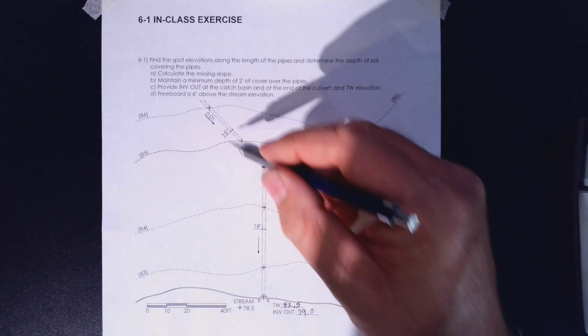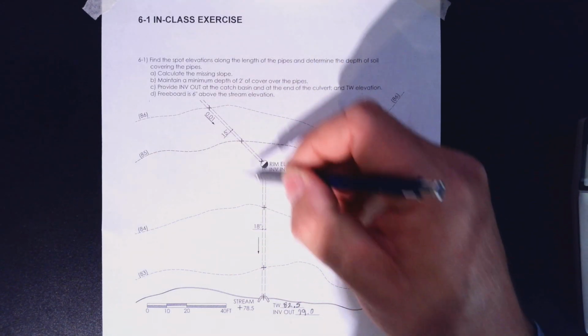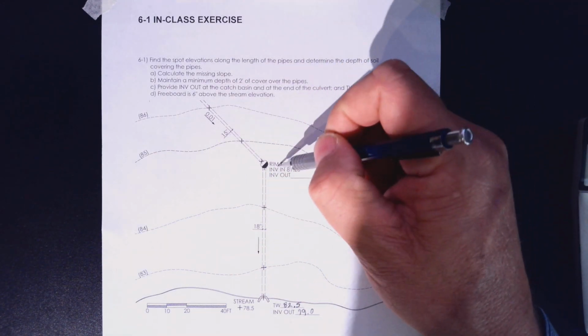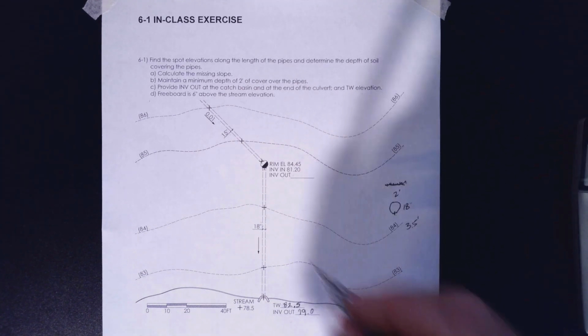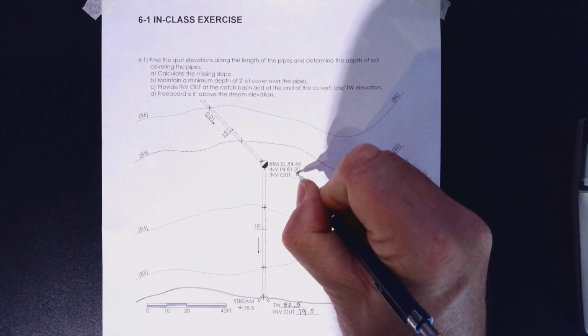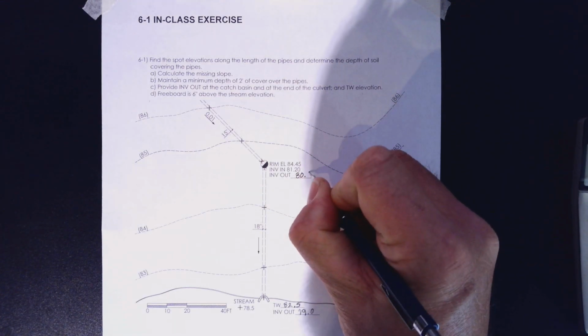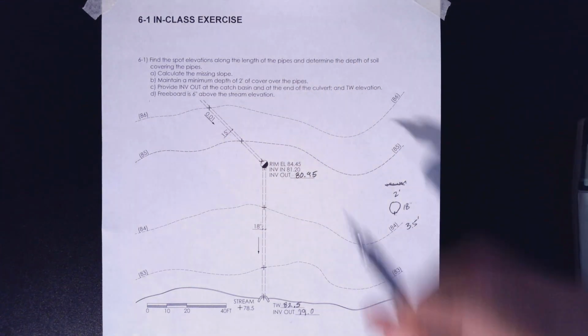That's 3 inches, right? 18 minus 15, 3 inches, 0.25 feet. We subtract that from 81.2. 81.2 minus 0.25 equals 80.95. So just write 80.95 right there.